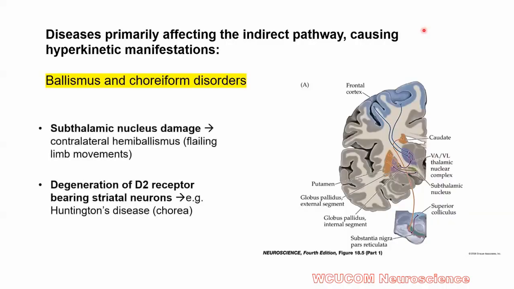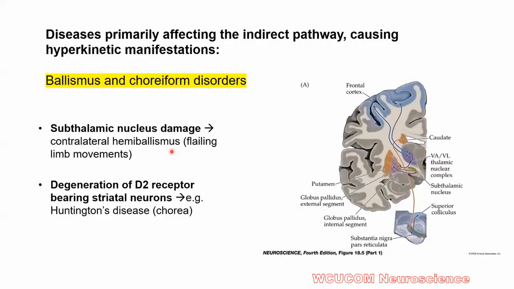And for example, subthalamic nucleus damage, we are hovering here over the subthalamic nucleus, when it's damaged, will cause contralateral hemiballismus, flailing, ballistic, sudden limb movements.